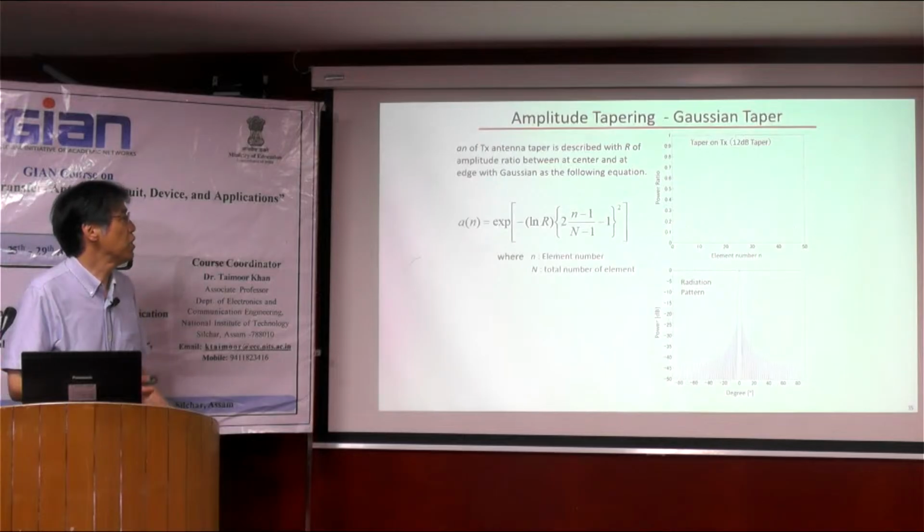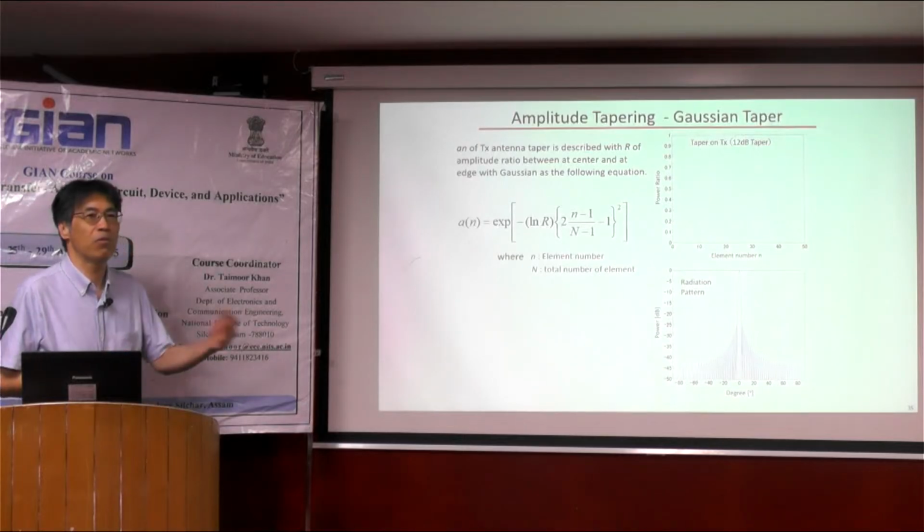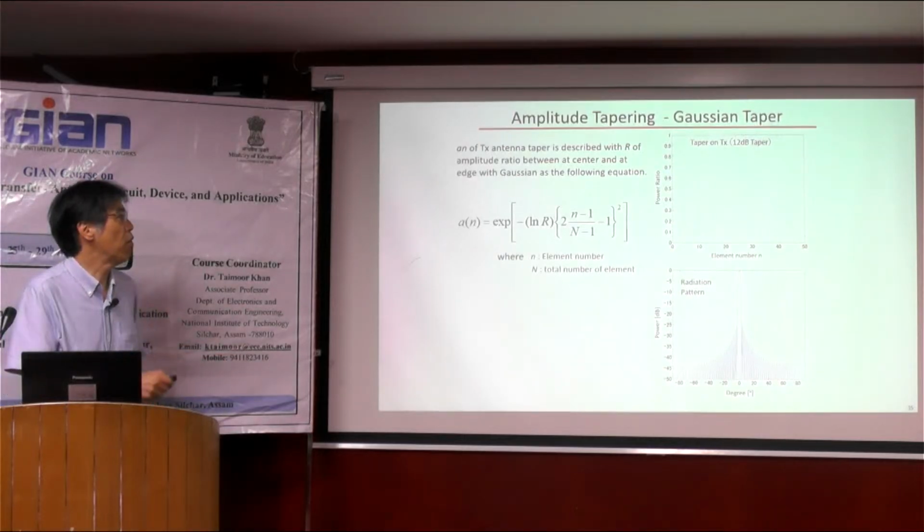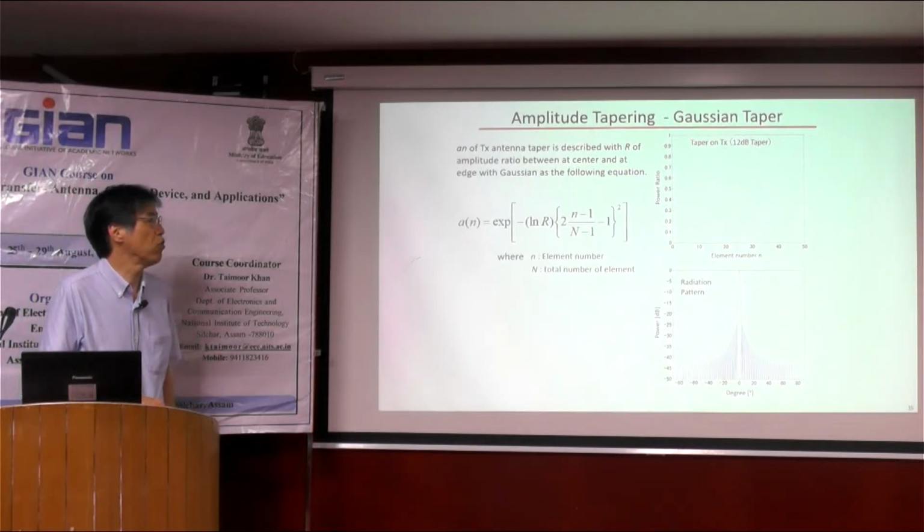So this is the famous amplitude tapering. We have some ways of tapering, but Gaussian tapering is the most famous technology. Based on this Gauss formula, we can create this amplitude tapering at the transmitter.